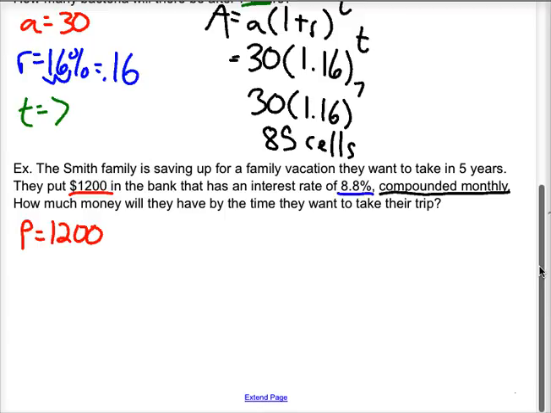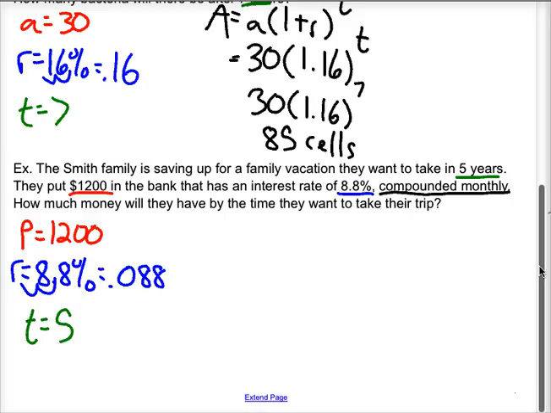They have a rate of 8.8%, which if you convert to a decimal is 0.088. We're talking about 5 years. And finally, compounded monthly. Well, there are 12 months in a year, so that means my n is going to be 12. And that's what I'm going to plug into my formula.